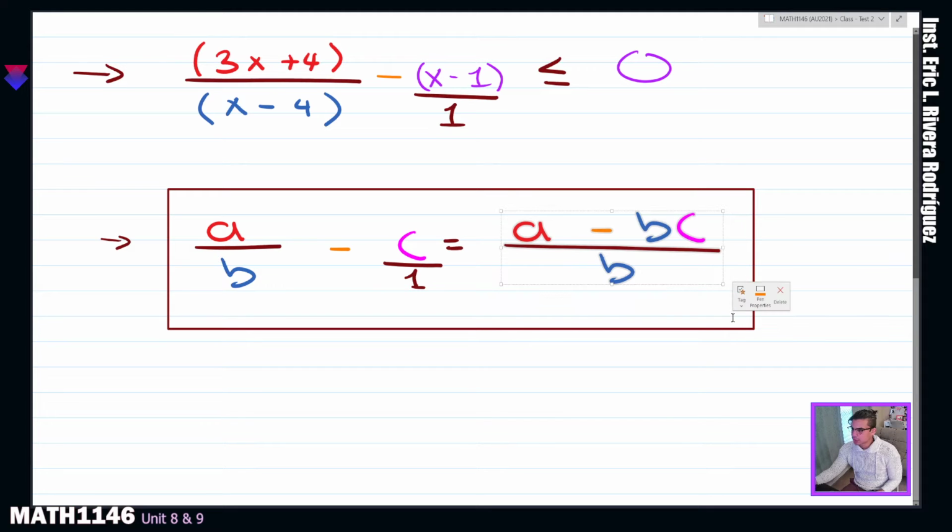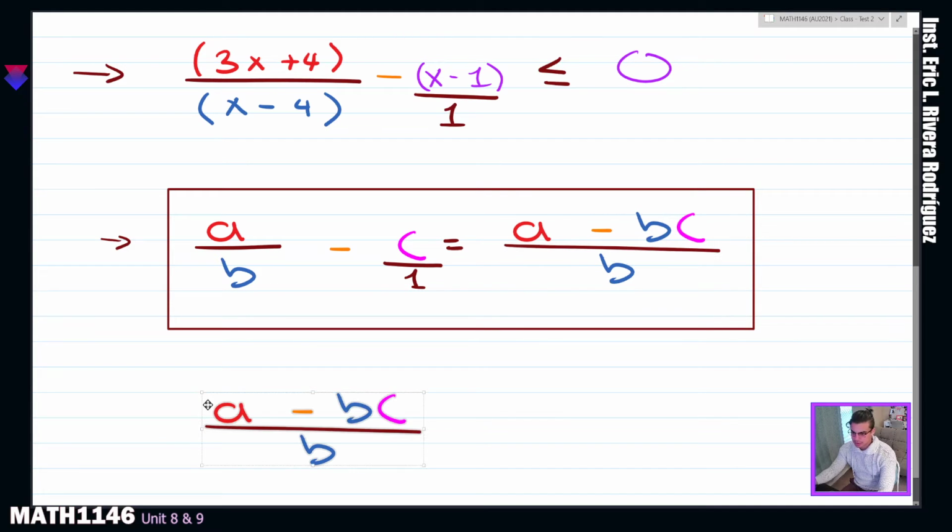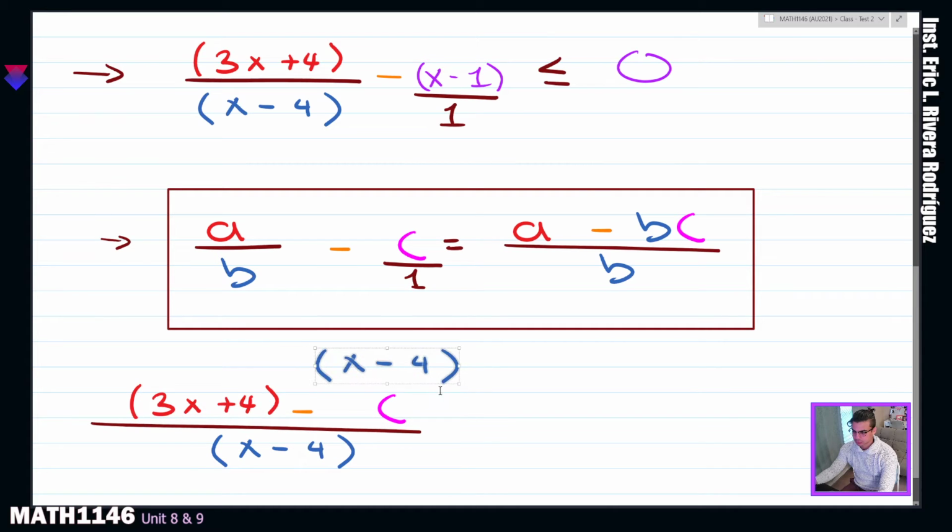So I'm just going to bring this and I'm going to change a with 3x plus 4. This needs to be bigger. X minus 4. And C, let me put this correctly.